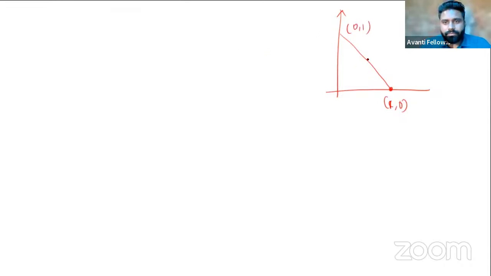Now, let me solve this again for you, for better understanding. Here it moves from (1, 0) to (0, 1). Because this force, F equals minus x i cap plus y j cap, is variable, we have to take a very small displacement, for which the force behaves as a constant.